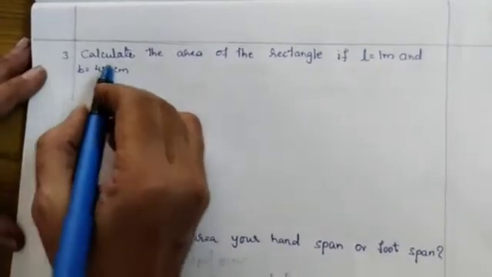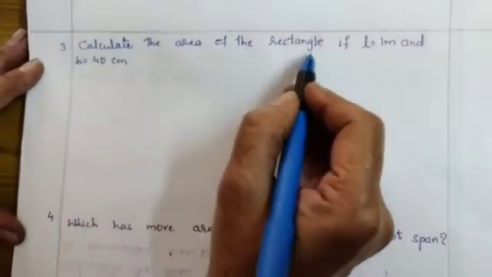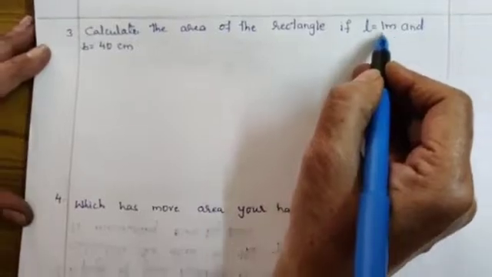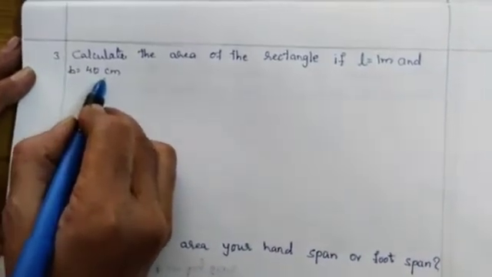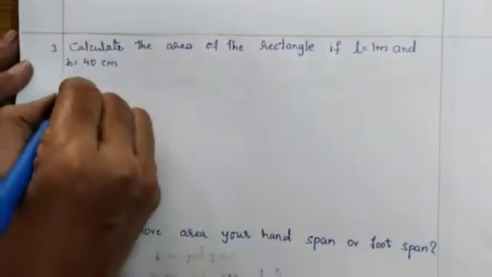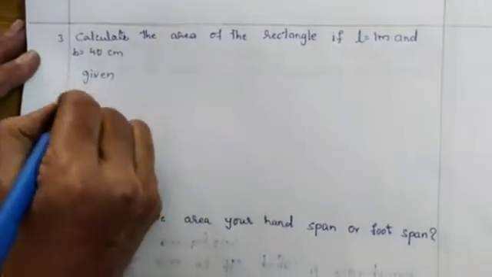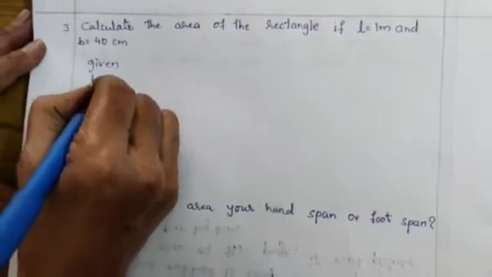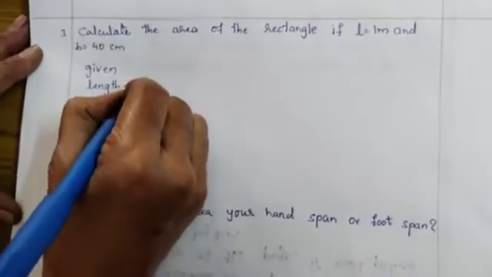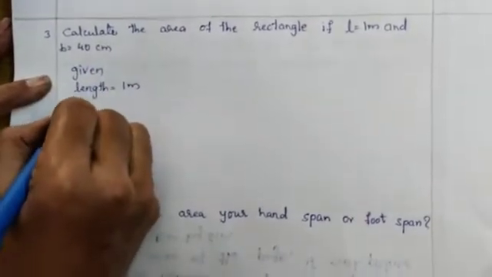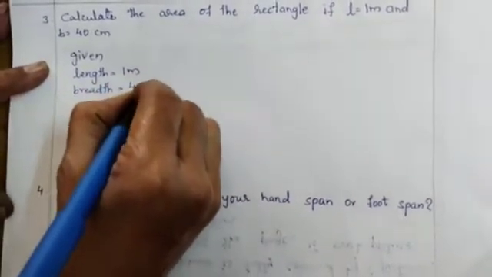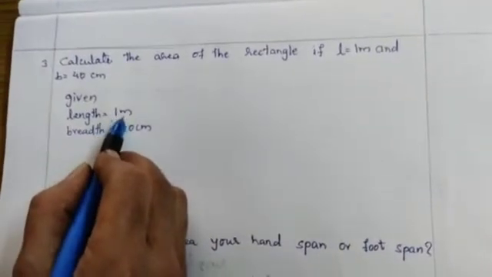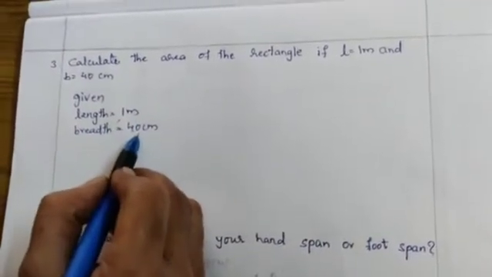Now third question: calculate the area of the rectangle if L is equal to 1 meter and B is equal to 40 centimeter. Here length is given as 1 meter, breadth is in 40 centimeter.